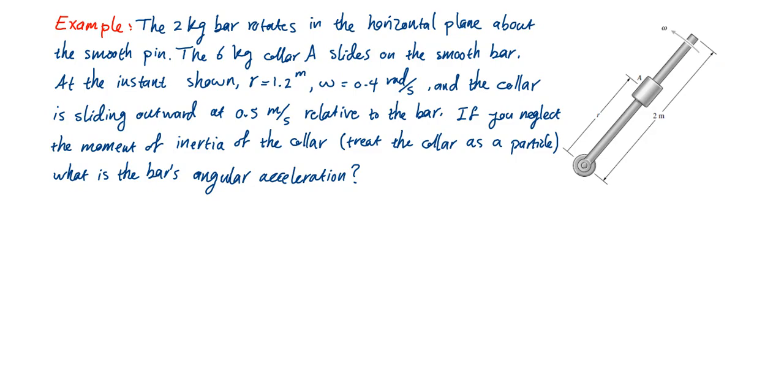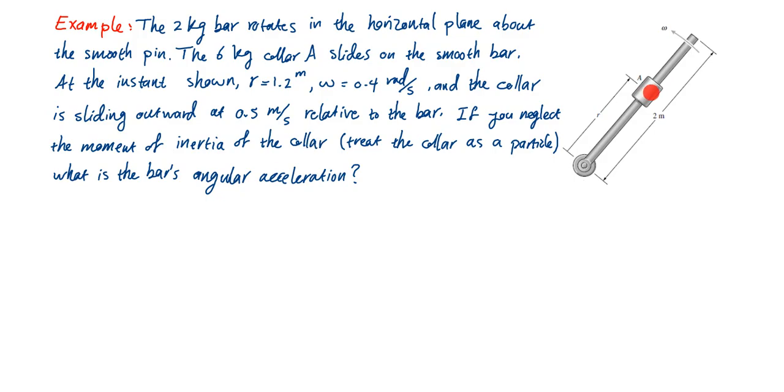The collar is sliding outward because of this rotation, and the velocity of the collar relative to the bar is 0.5 meter per second.